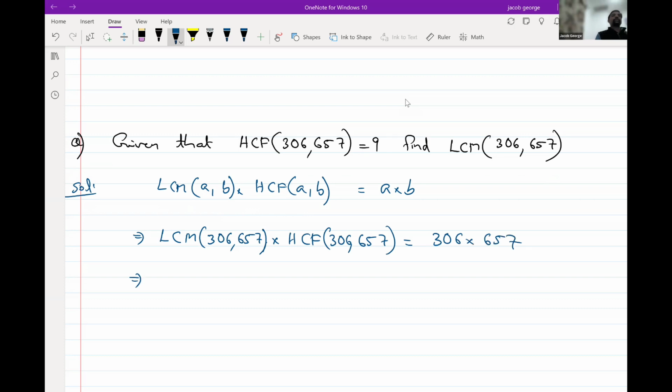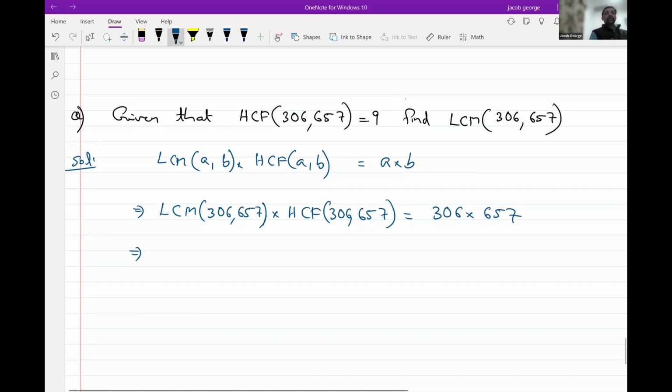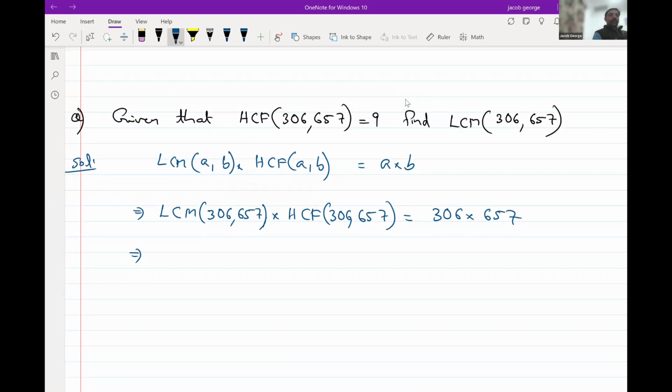Is it clear, this writing? So we find the LCM of 306, 657. HCF is given. How much is the HCF given? 9. So in place of the HCF, I substituted 9 is equal to 306 into 657.